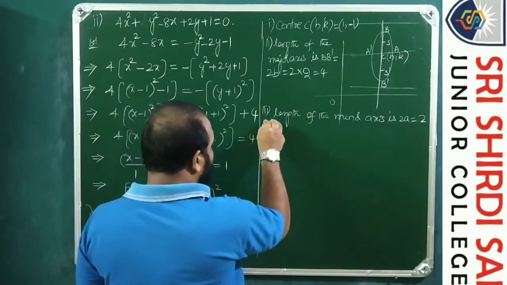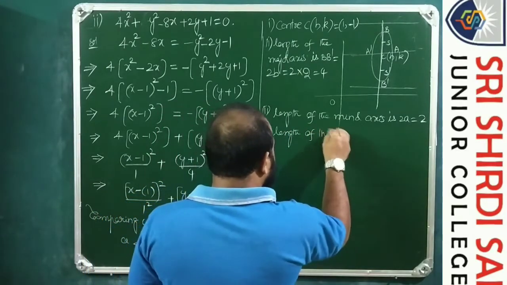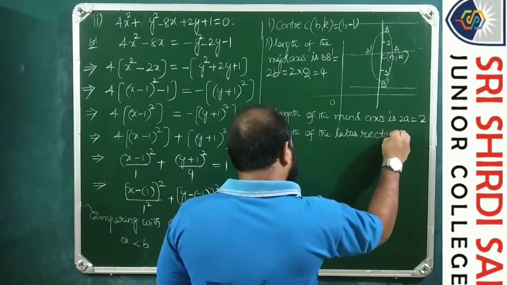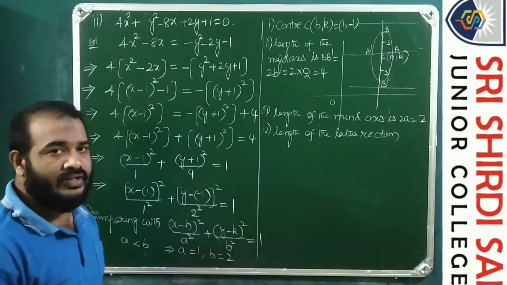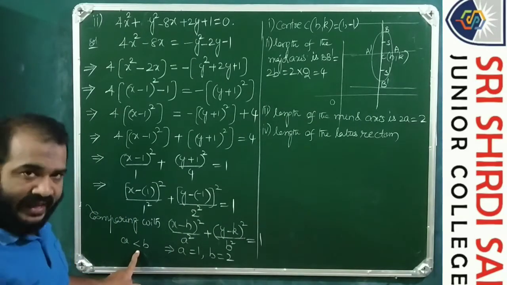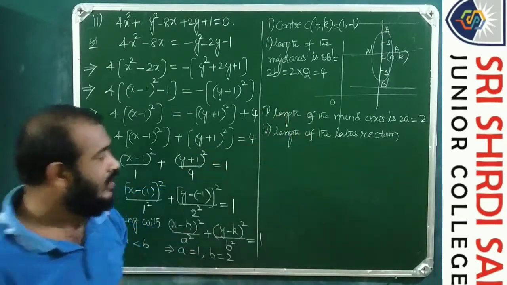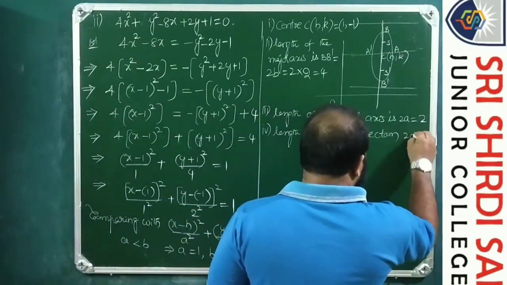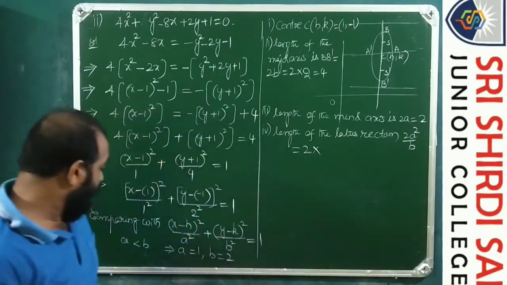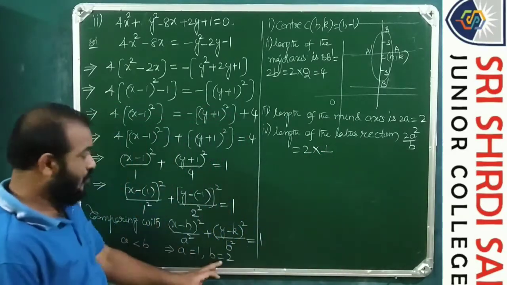And the next one is length of the latus rectum. For the ellipse a greater than b, 2b square by a is the length of the latus rectum. But for this ellipse which is a less than b, 2a square by b is the latus rectum. So this is equals to 2 into a square is 1 square by b is 2.